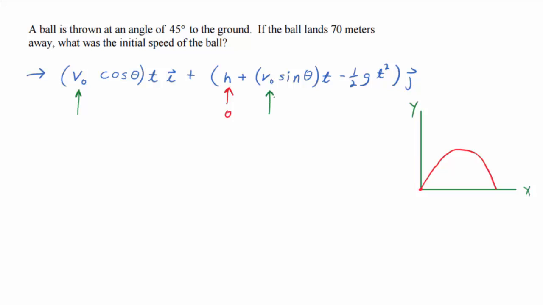So let's fill in this equation with what we have as best we can. If we put in 45 degrees for theta, cosine theta and sine theta are the same thing, radical 2 over 2.